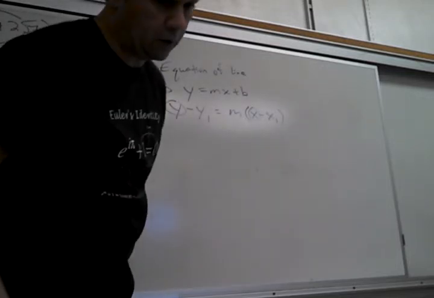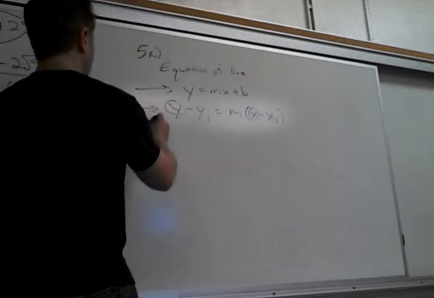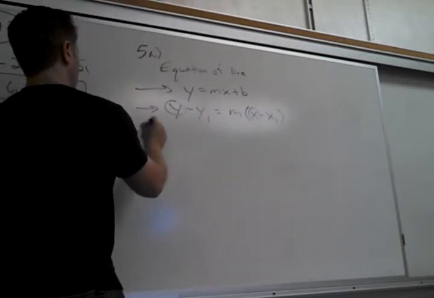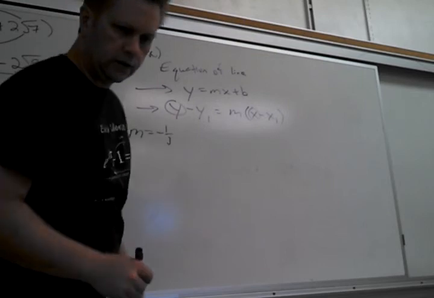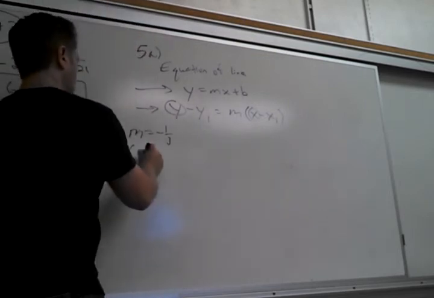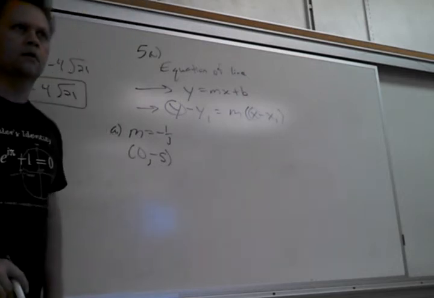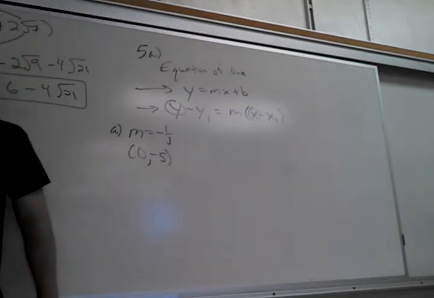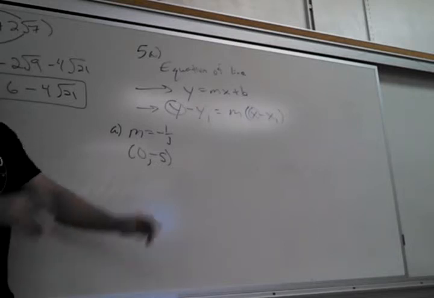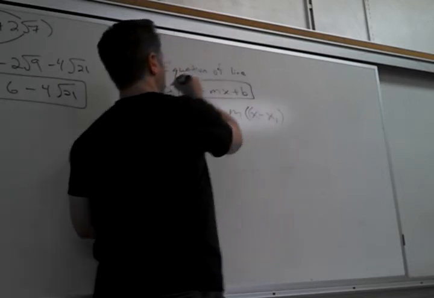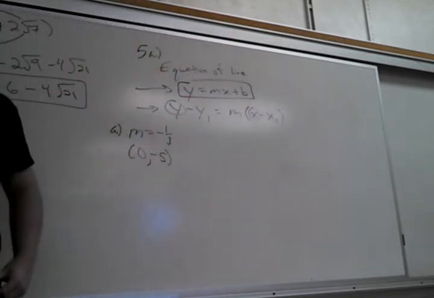So this one says, find the equation of the line that has slope m equal negative 1/3, and it passes through 0, negative 5, right? Do you guys realize why that is a problem you so much want to get? What do you need to know for this? 2 things.